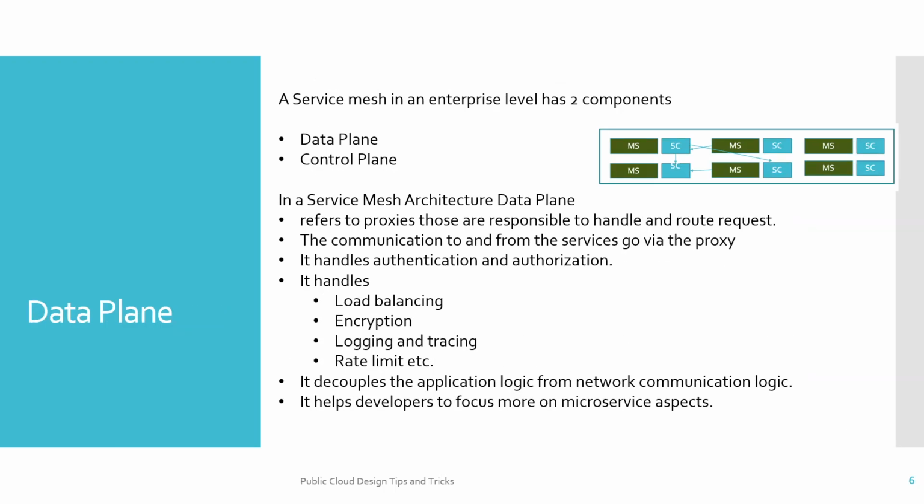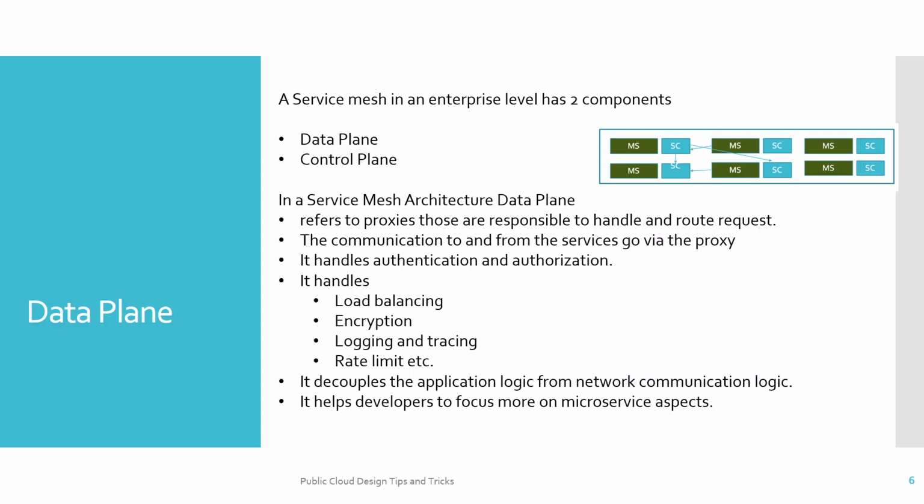Now there are two fundamental components involved in a service mesh topology: one is the data plane and the other is the control plane. In a service mesh architecture, the data plane refers to the proxies, which are the sidecars. Those are responsible for handling and routing the requests. The communication to and from the services goes via the proxies.